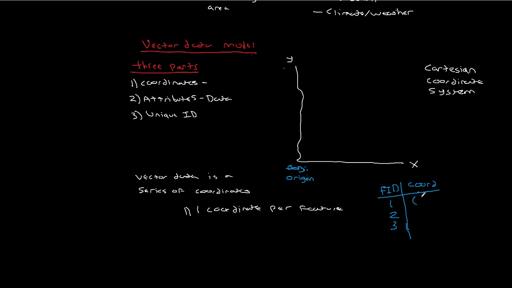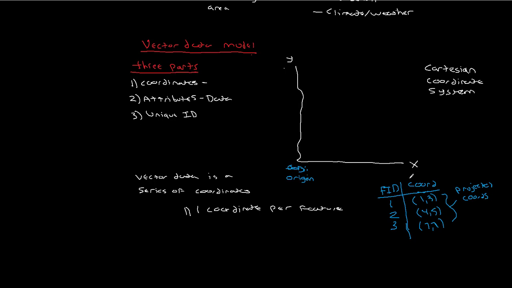So this may have a coordinate of 1, 3. This may have a coordinate of 4, 5. And this may have coordinates of, say, 7, 7. And these coordinates here, just to keep ourselves on track, are the projected coordinates that we talked about in previous lecture series, and we touched on them in a previous video in this series.